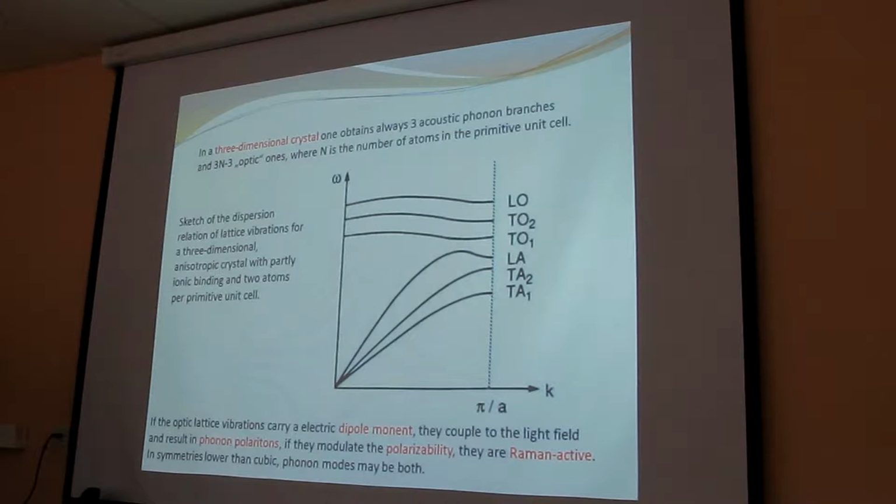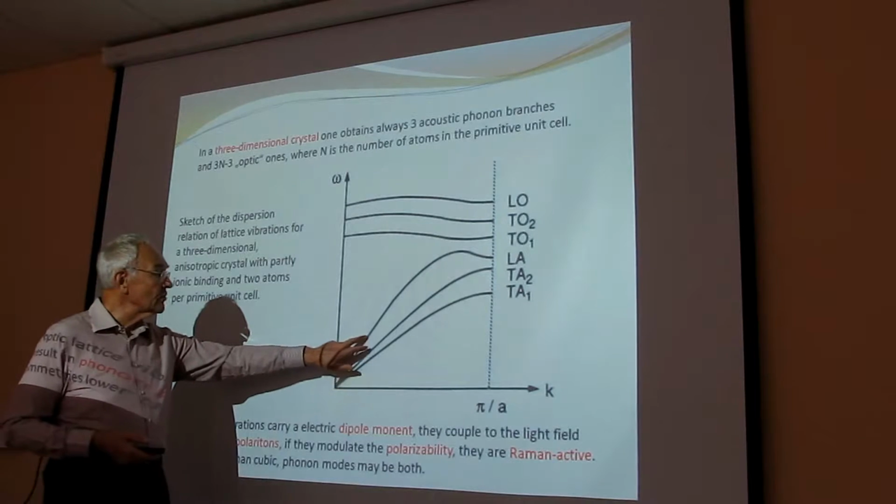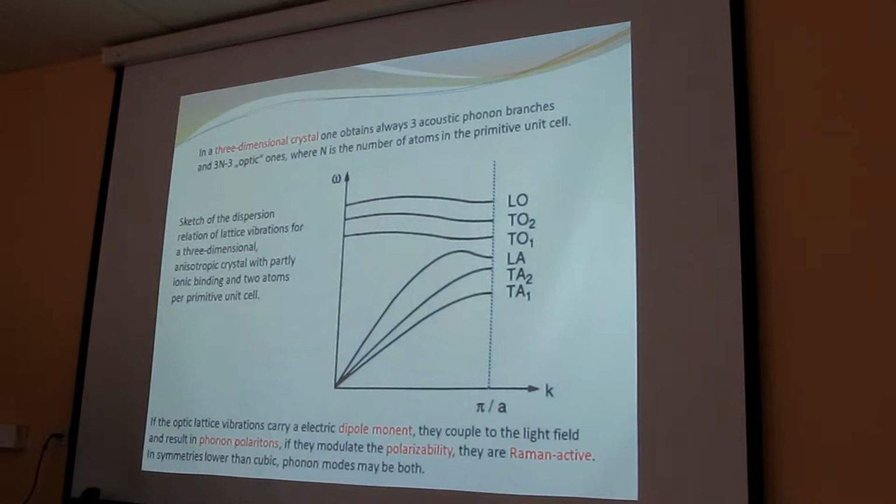Now if you go to a 3-dimensional crystal, you always get 3 acoustic phonon branches, 2 transverse and 1 longitudinal, and then you may have so-called optic branches, and the number of optic branches is 3n minus 3, where n is the number of atoms in the primitive unit cell.